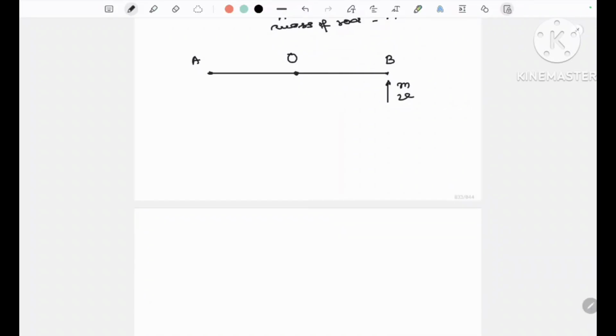Suppose the center of mass is C and this distance is x.